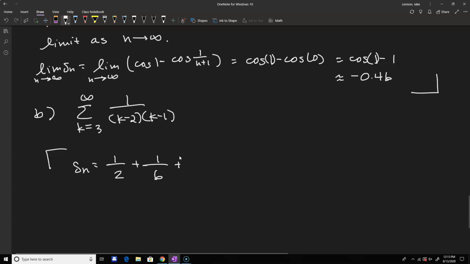Okay, and then when we plug in a 4, we're going to get a 5, we're going to get 3 times 4, so that's going to be 12 on the bottom. And this is not super useful. This doesn't look like a telescoping series.